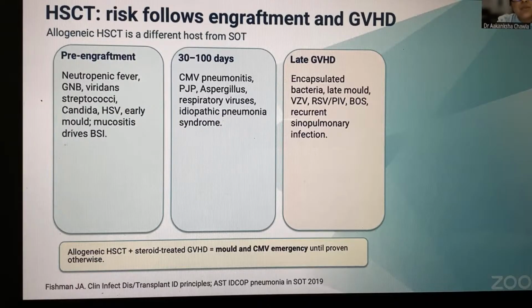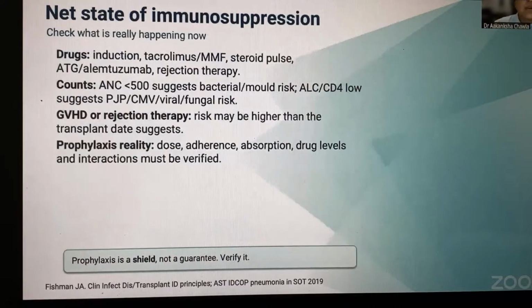Late graft versus host disease would have more of infections with encapsulated bacteria, varicella zoster, mold, recurrent sinopulmonary infections as well. So it's the timeline post transplant that you need to understand and accordingly, think of the possibility of infections in that phase and appropriately cover for your patient.